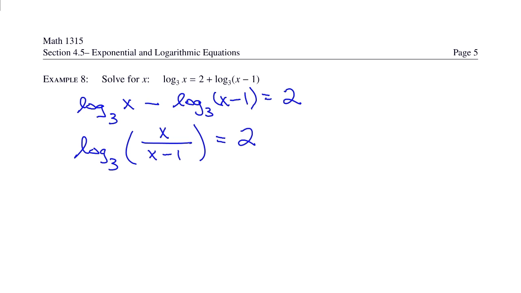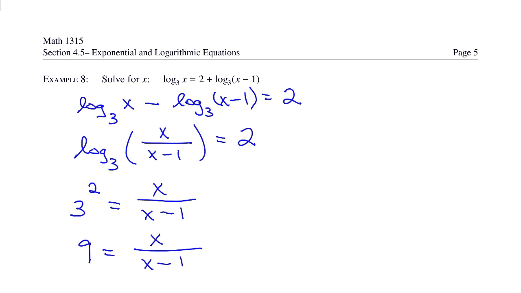So we get log base 3 of x over x minus 1 is equal to 2. Next I'm going to turn this back into exponential form. So we're going to get 3 squared is equal to x over x minus 1. 3 squared is 9, so that's 9 is equal to x over x minus 1.